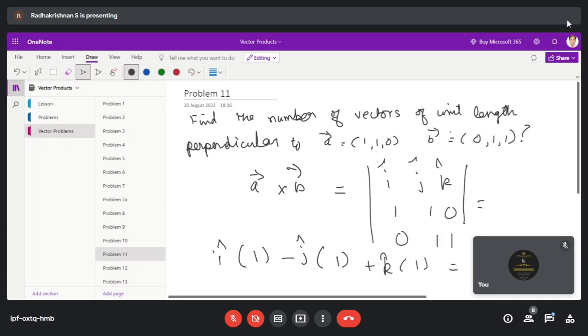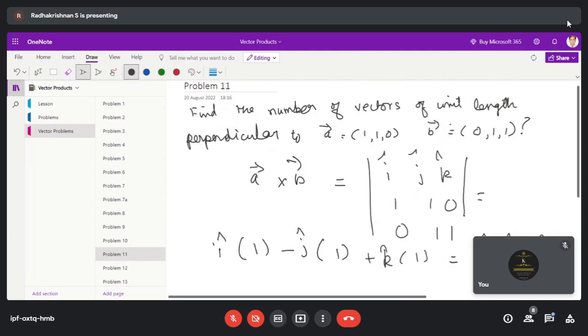I minus j plus k. So any vector which is perpendicular to both 1, 1, 0 and 0, 1, 1 will be 1, minus 1, 1.